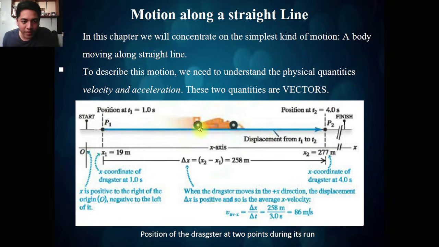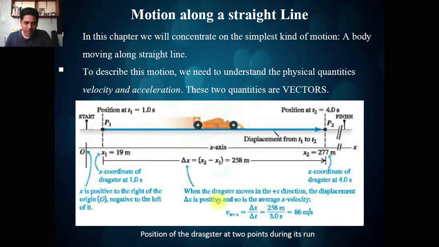Going back to our figure, we have here the dragster. If you wish to find the change in position of the dragster from time equals 1 second to time equals 4 seconds, we simply need to subtract the distance of x sub 1 from the starting point from the distance of the second point from the starting point.